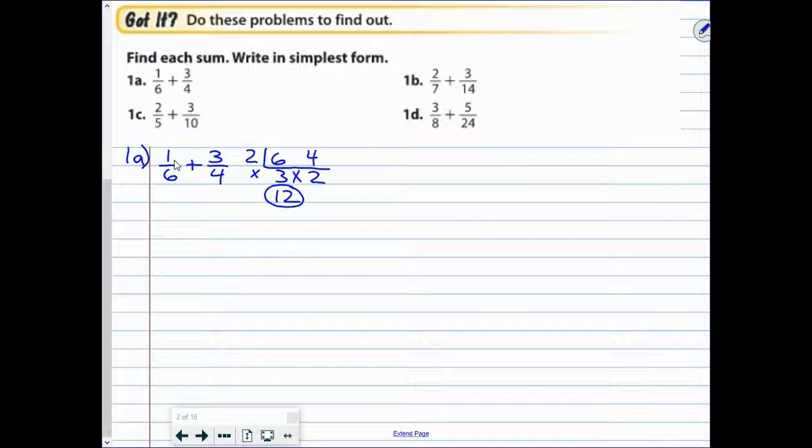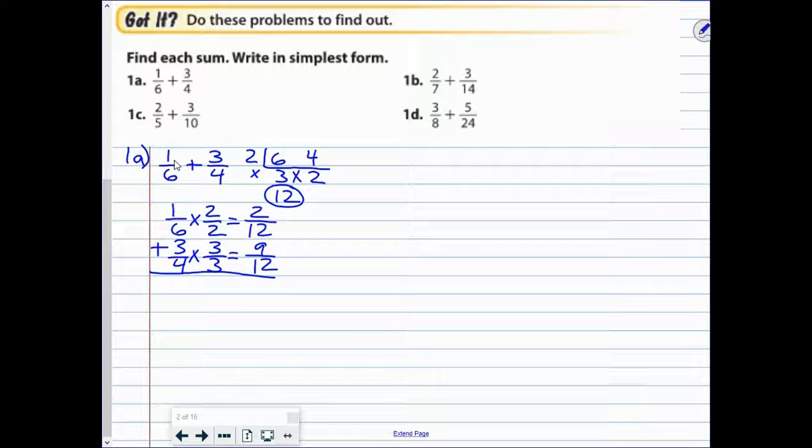So I will rewrite my problem as 1 over 6 plus 3 over 4. Knowing that my common denominator is 12, I will have to multiply 1/6 by 2 over 2 and 3/4 by 3 over 3. That's going to give me 2/12 as my top fraction plus 9/12 as my bottom fraction.